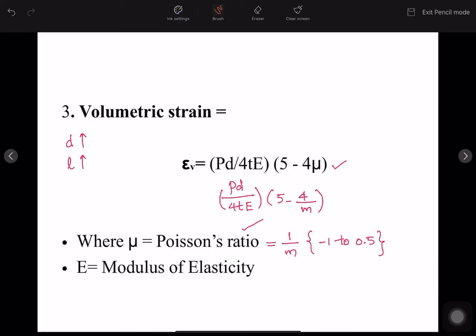If they give mu value as 0.25, it is also equal to 1 by m, so here we need to substitute 4 into 0.25. Okay, I hope it is clear.